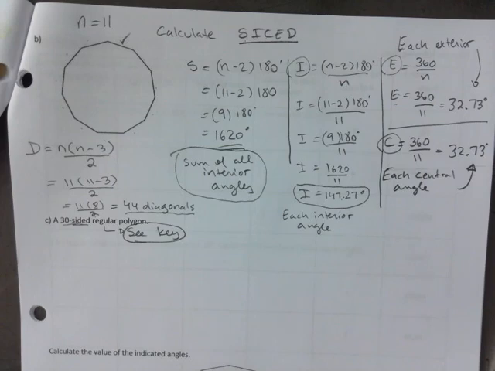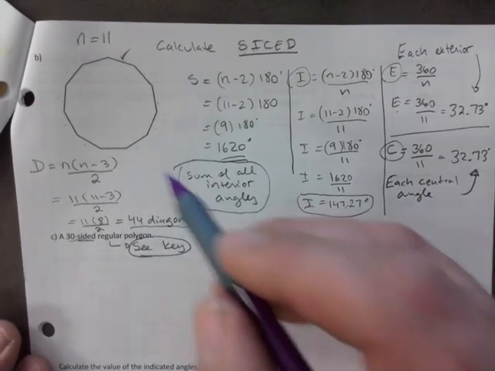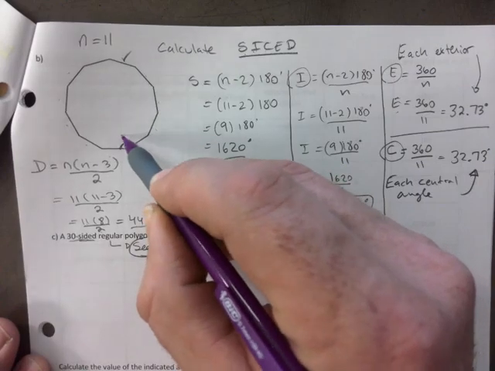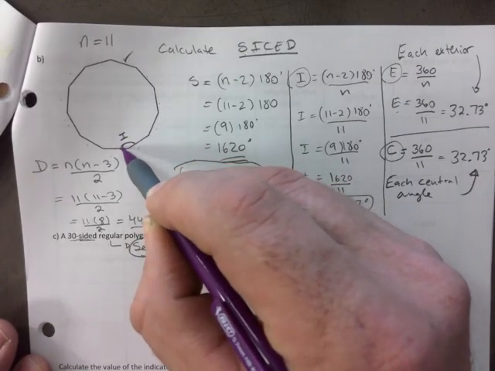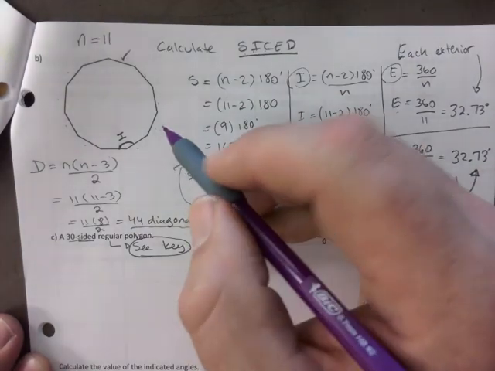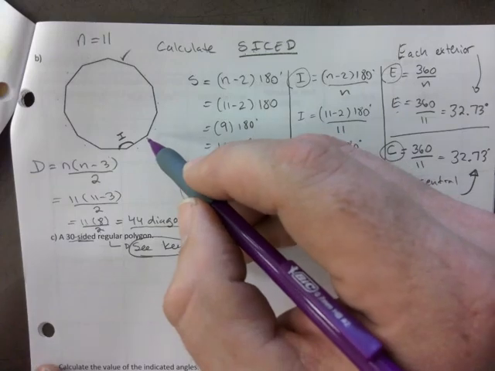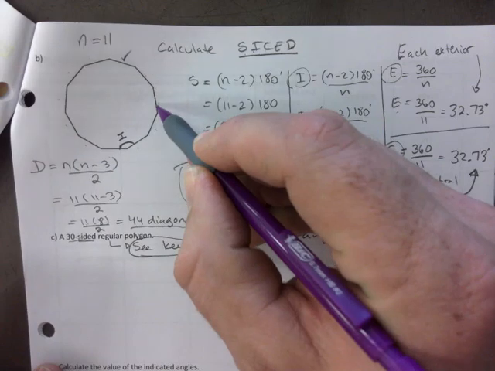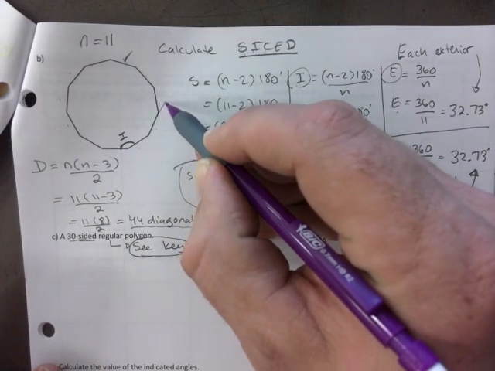Those ones you should not waste time on, just move on, right? So you pick any corner on the inside. I'm going to pick this one right here. Just put an I there. So you're telling me which angle you're talking about. Exterior, pick any corner you want. Any 2 sides that meet and just extend them.